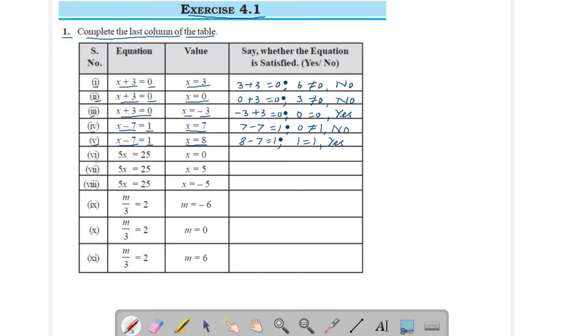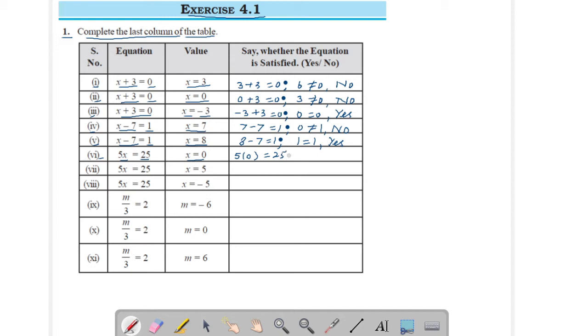Then come to sixth part. It is 5x = 25. And here x = 0. Here put x = 0. What will you get? 5(0) = 25.